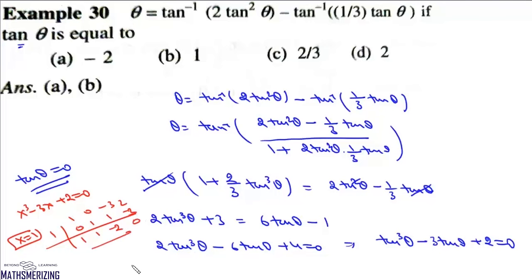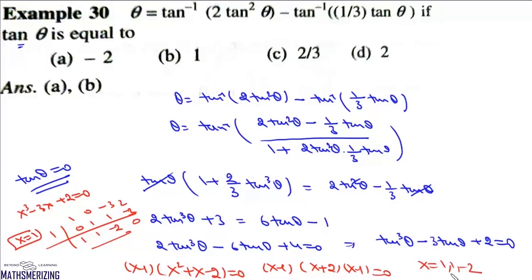So we can factorize this as x minus 1 into x square plus x minus 2 equals 0. So it will be x minus 1 and then we can write this as x plus 2 into x minus 1 equals 0. So we'll get the values of x as 1, 1 and minus 2. So the value of tan theta should be either 1 or minus 2, which is your option A and B.